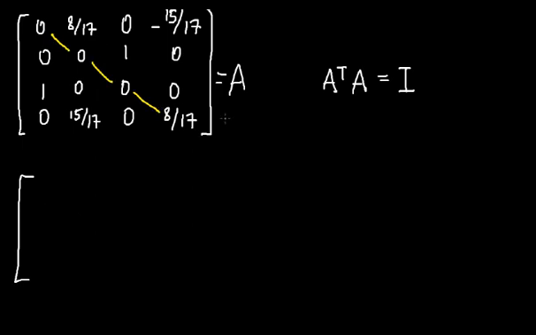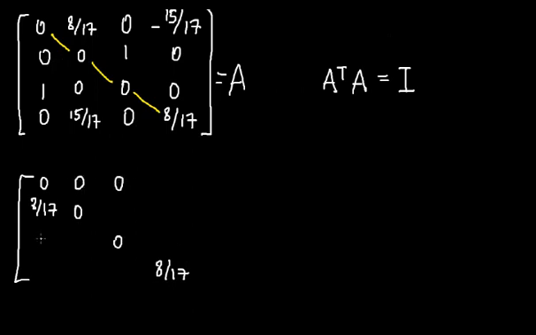So that's why I marked these things with yellow. The diagonal entries will stay the same, and all the other entries will hop to the other side. So the 8/17 there will give me 8/17 here. On the other hand, 0 here gives me 0 there, and the same for that 0 there.